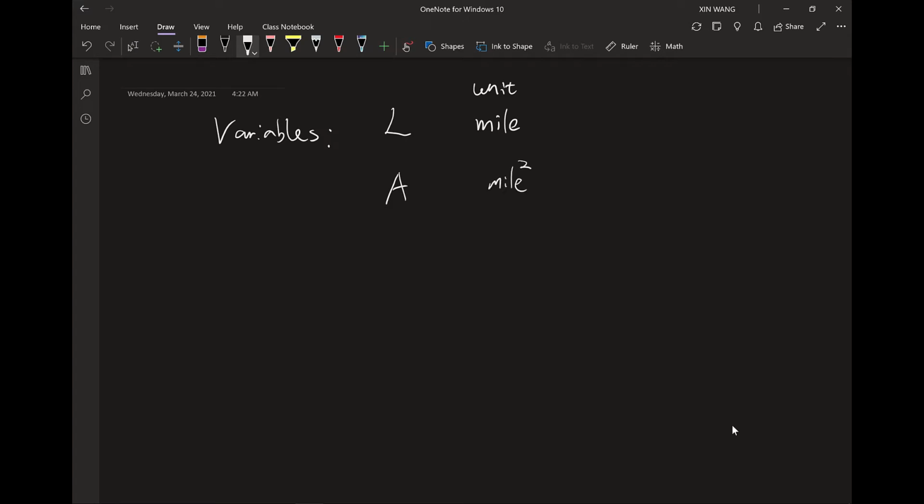And definitely we can consider the third parameter, which is the number of customers, and there's no unit for the number of customers. Based on the knowledge in our previous course, we can create a matrix. We only have one unit, so this is a 3 by 1 matrix. For L, the unit exponent is 1, the area unit exponent is 2, and the number of customers is 0.